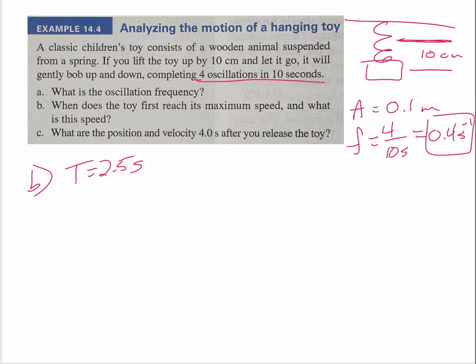Now, when does the toy first reach its maximum speed? Its first maximum speed will be when it gets down to the equilibrium, right? So halfway through the period would be what time? 1.25 seconds. So that's like 5/4, and halfway to that, we'll reach our equilibrium point.